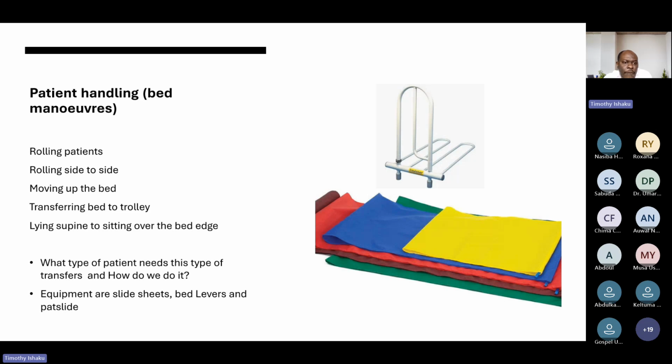My question is, what type of patient do you think will need this type of transfer, whereby we move them from side to side, roll them up and down, using either the slide sheets? Just thinking about your practice, what type of patient do you think will benefit from a slide sheet or from a bed lever?